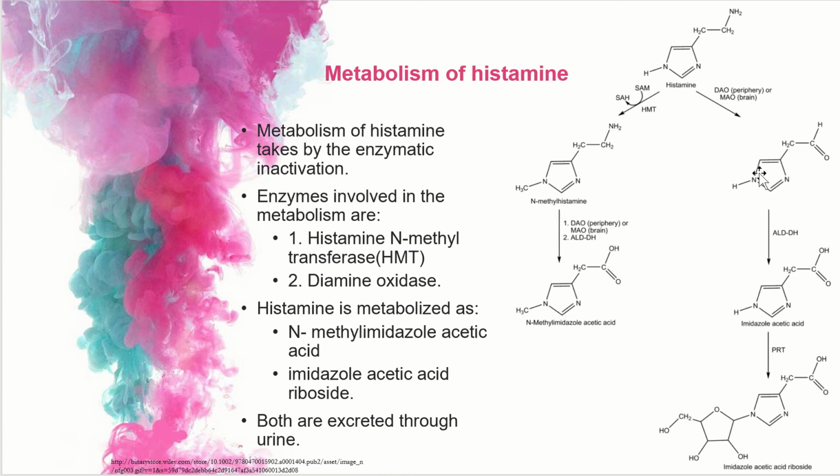So clearly this is involved in some oxidation, and clearly this is involved in some methylation. Histamine is metabolized into these two final products, so N-methyl imidazole acetic acid here and imidazole acetic acid riboside here. Both are excreted through the urine. That is, the two metabolites are excreted through the urine.